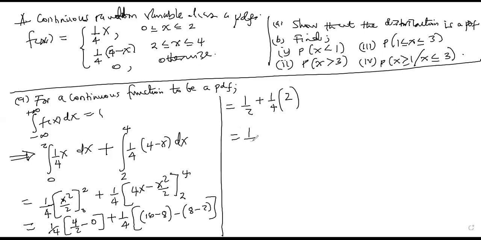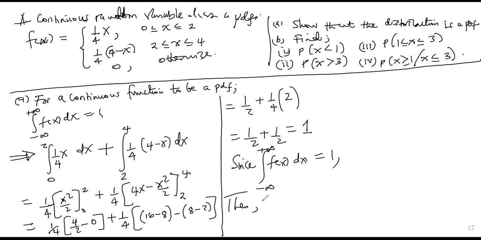So this is a half plus a half, which equals 1. Since the integral from negative infinity to infinity of f of x dx is equal to 1, the distribution is a PDF.